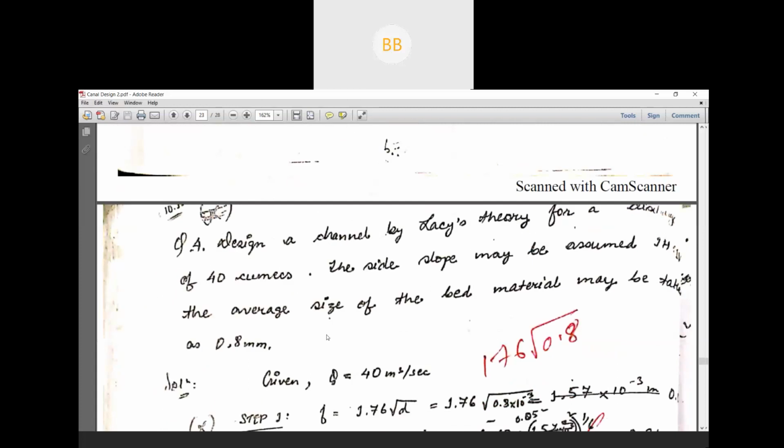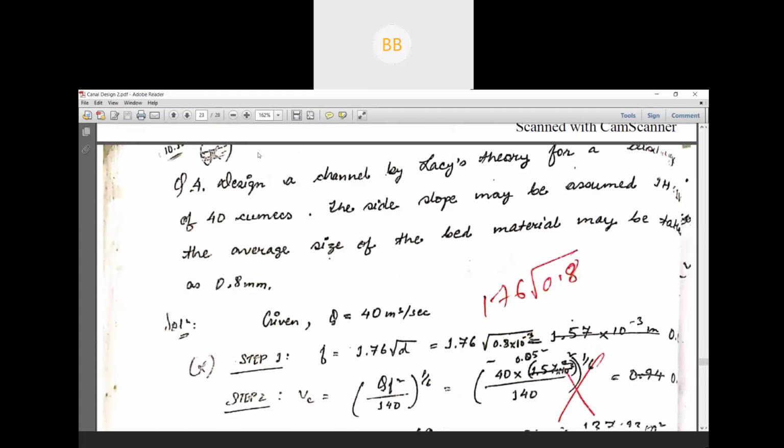After reading it, if you find that we should discuss once, then we will discuss after completing this unit. But I think there is nothing to discuss because by simply reading you can understand the drawbacks of both the methods, that one is Kennedy's theory and one is Lysis silt theory. So our next numerical is also related to your Lysis theory.